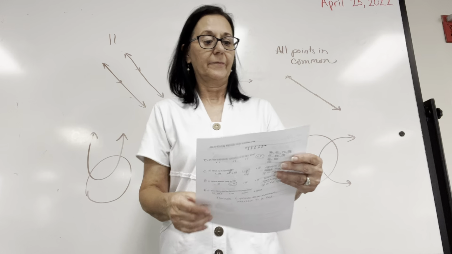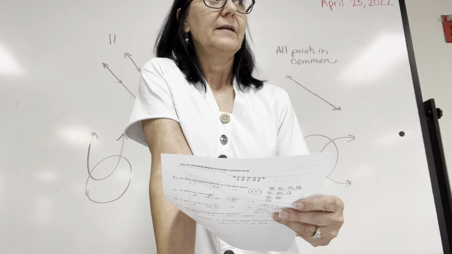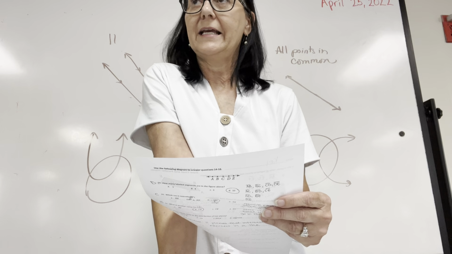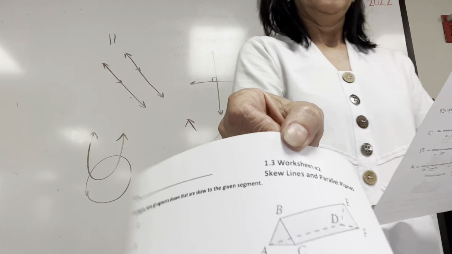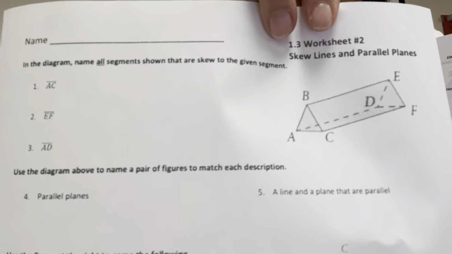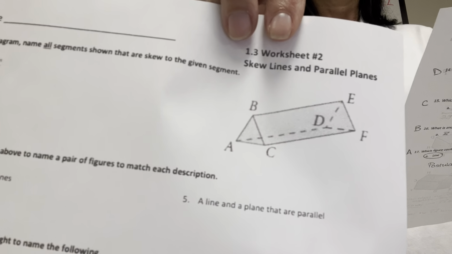Okay, a little trickier. What about AD? What lines are skew to AD? BE, BC. BC is one.